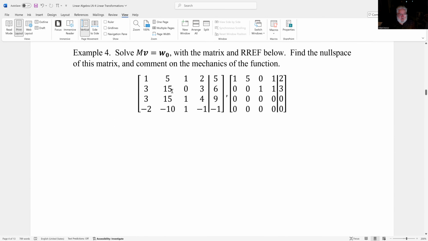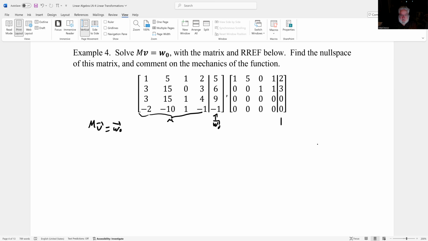So here's a matrix, the REF. What we want is Mv equals w. So this is the matrix M. This is the vector w0, and we want to know what's the solution to this equation.